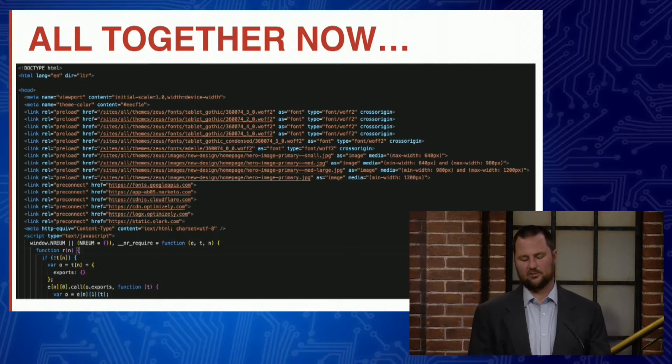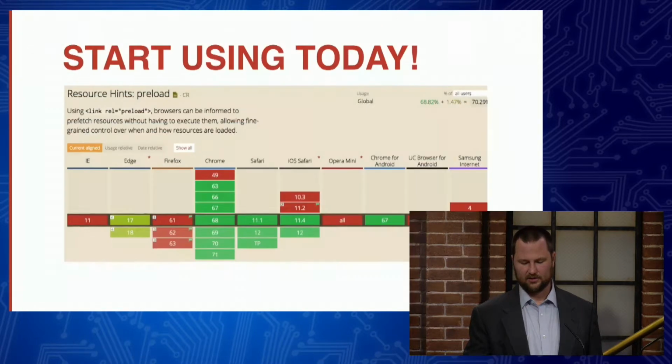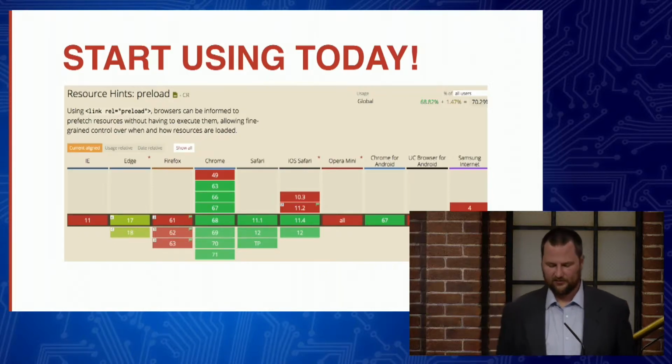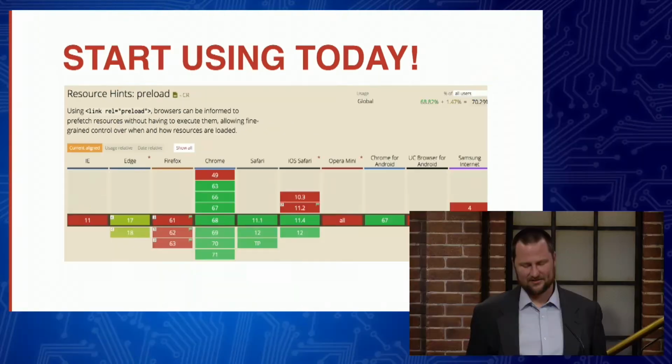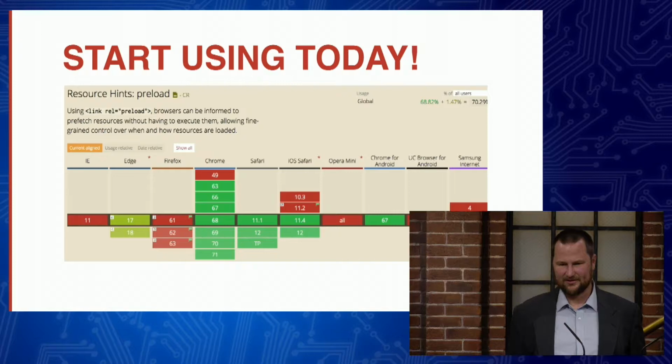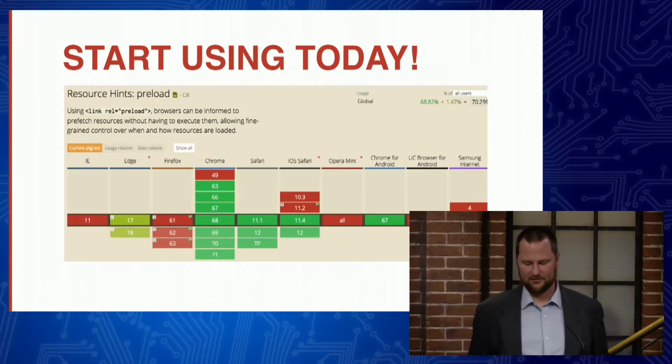If you add that cross-origin attribute on there, it completely negates it, and you can start using this today. If you look at this, it's supported by most things. It's surprisingly not supported by Firefox and is supported by Edge, which doesn't make sense, but the cool thing about it is if you use it and it doesn't work, it just doesn't work. It falls back to what you were doing before.